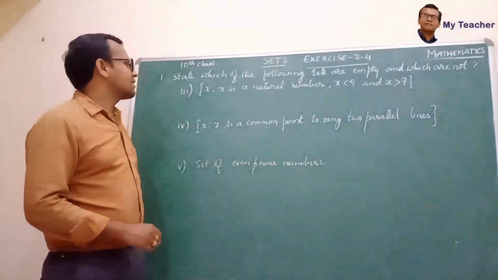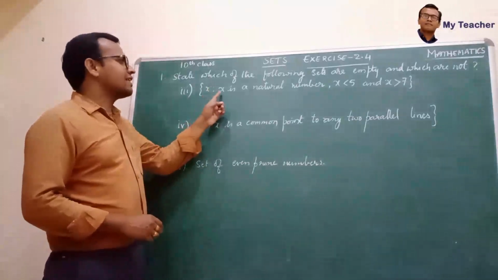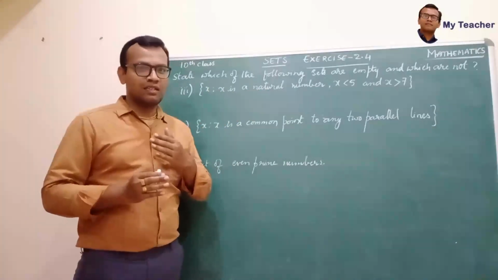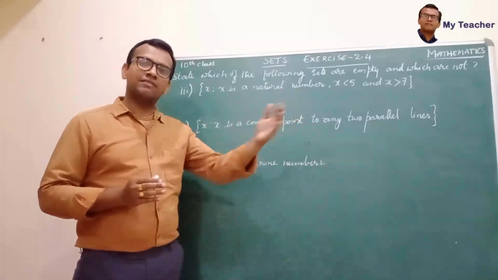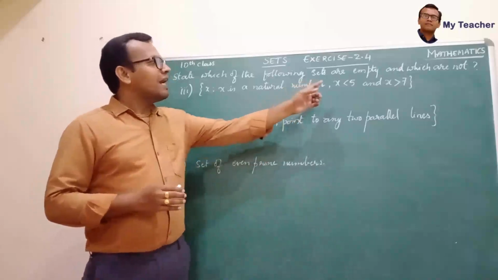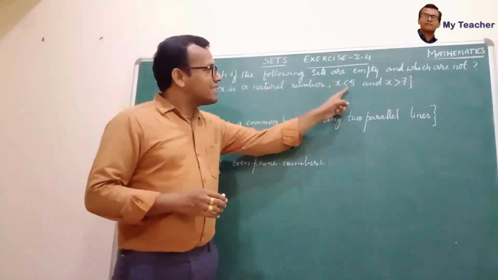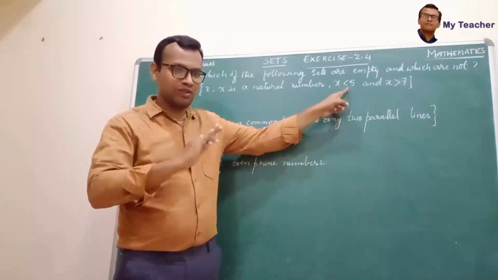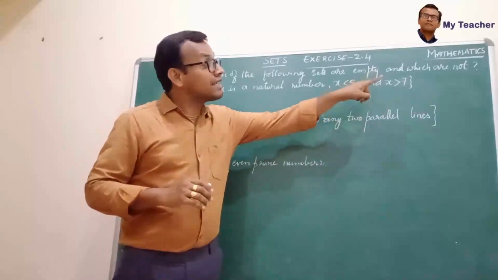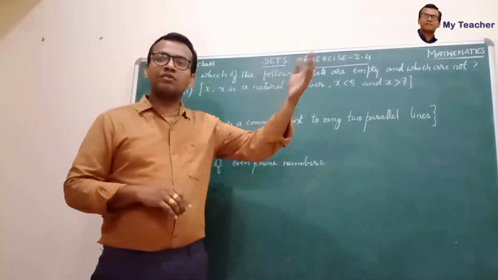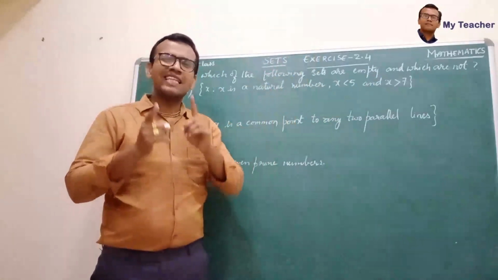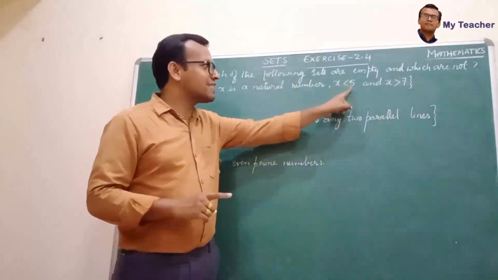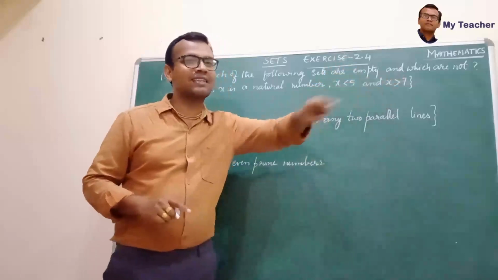So it is an empty set. And the third one is set of x such that x is a natural number. So x is a natural number means it is from 1 to infinity. It could be any number. And the condition is x is less than 5. What are less than 5? 1, 2, 3, 4, right? And x is greater than 7. Greater than 7 could be 8, 9, 10, and so on. So is there any number which satisfies both the conditions, x less than 5 and x greater than 7?